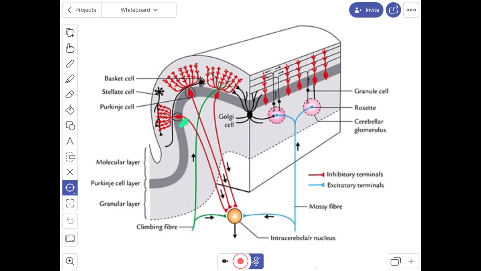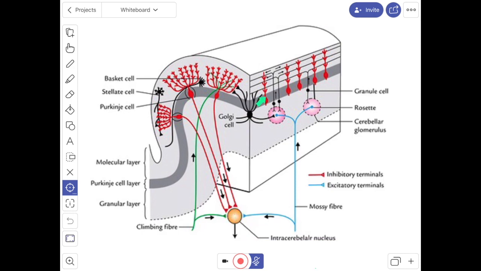The outgoing Purkinje axons constitute the sole output from the cerebellar cortex and exert an inhibitory influence on the intracerebellar nuclei. So the fibers are colored red, which are inhibitory to the intracerebellar nuclei.